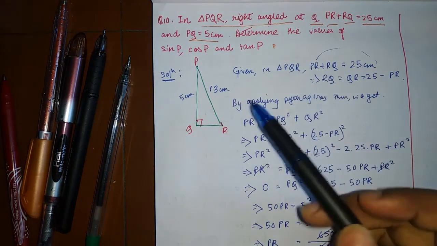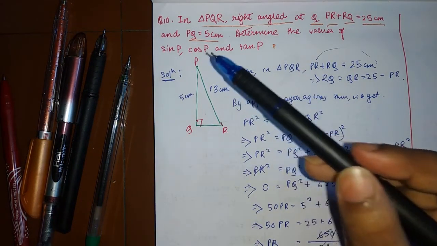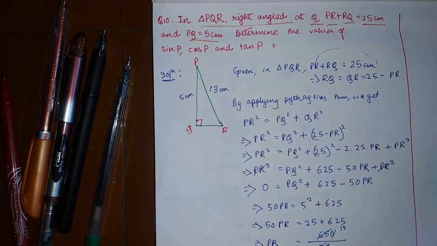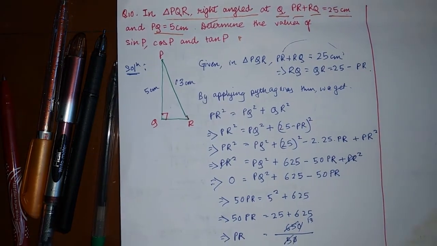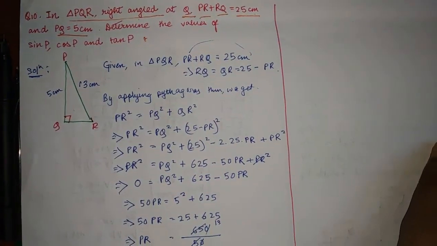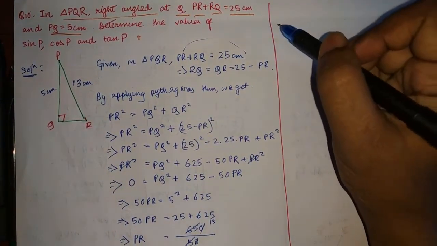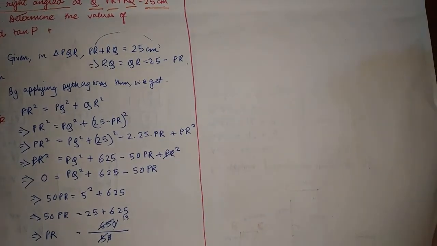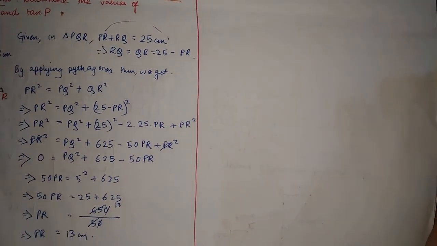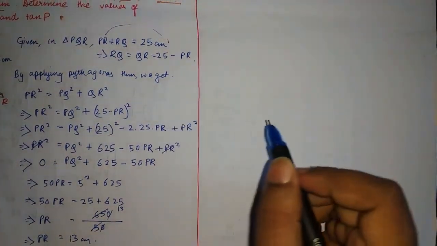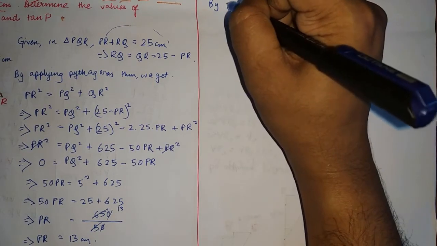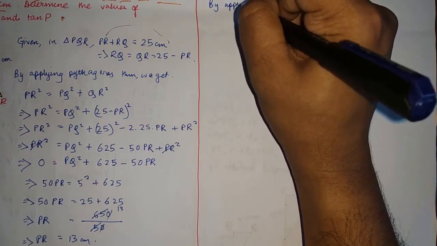So now that you have found the value of PR, you can find the value of QR too by applying the Pythagoras theorem, obviously. So now let's find the value of QR.